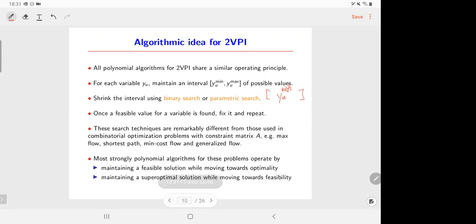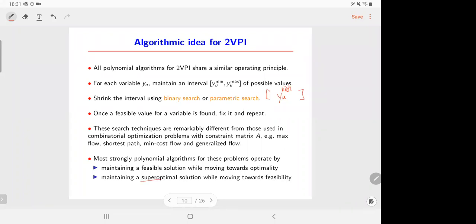Most strongly polynomial algorithms for these problems operate using one of the following 2 principles. Either you maintain a feasible solution at all times, and you slowly improve your solution until you get an optimal one. The other paradigm is you maintain a super optimal solution, which is not feasible, and then you slowly move towards feasibility.